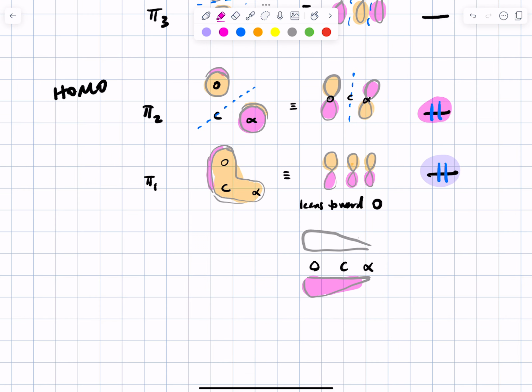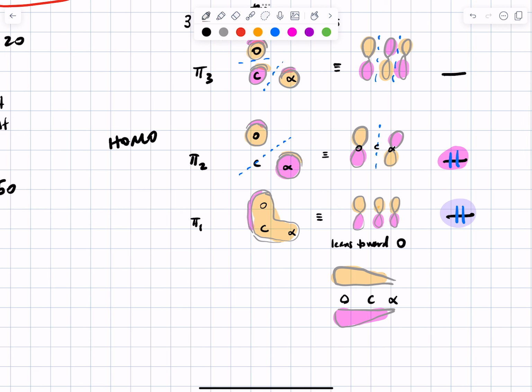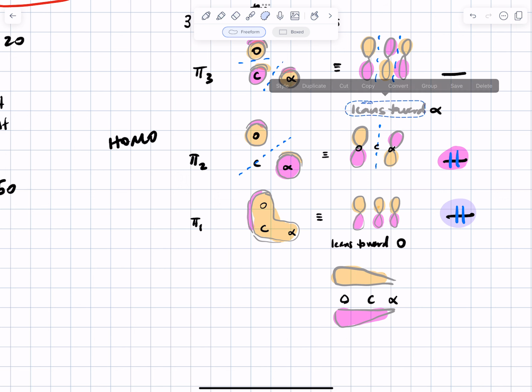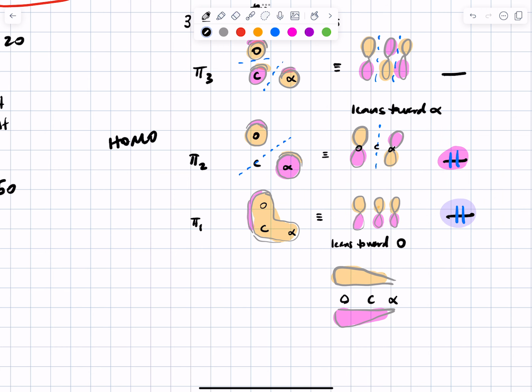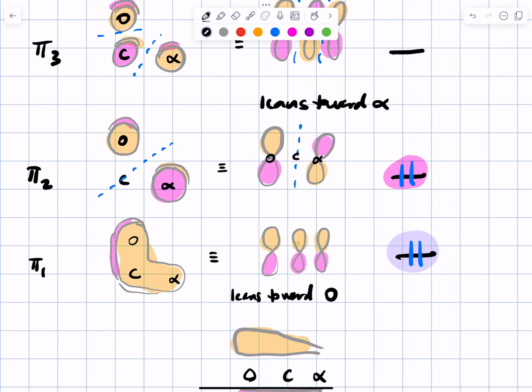And correspondingly, we will see that the higher energy orbital, the pi2, is going to lean toward the alpha carbon to sort of compensate for the leaning of the pi1 orbital towards oxygen. So it will turn out, if you wanted to imagine what this pi2 orbital, the HOMO, actually looked like, it's probably a little bit bigger on the alpha carbon than it is on the oxygen. So I'll draw a smaller lobe there.